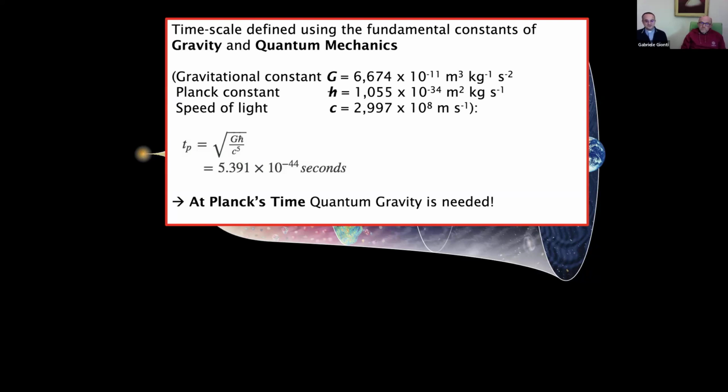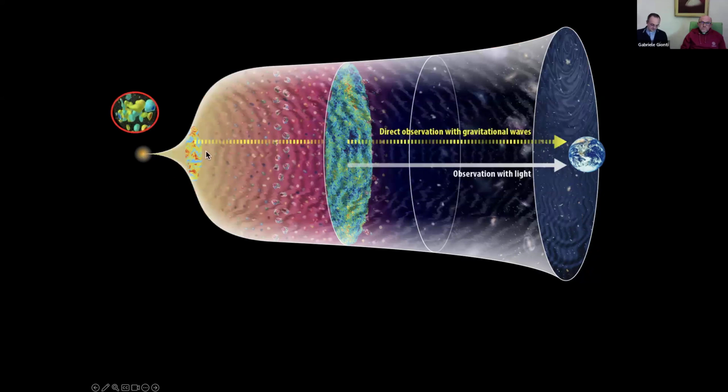And when you are interested in the time scale of this magnitude, you need quantum gravity. And the problem is that we do not have a complete theory of quantum gravity. And so it's interesting to try to understand what we can understand about this epoch.